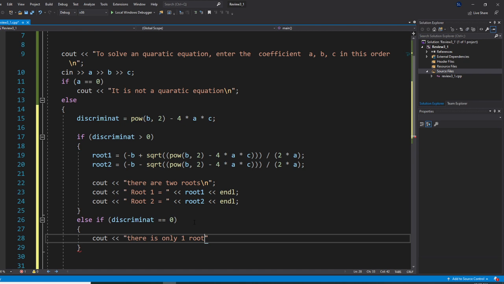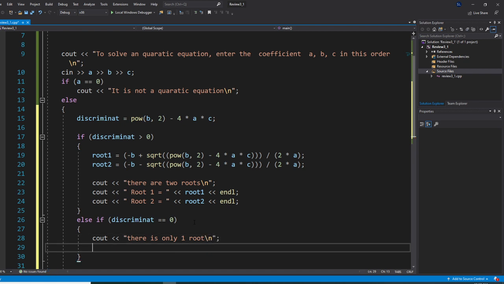You're supposed to have only one root right now, and the root right here will be negative b divided by 2a, because there's no discriminant anymore.